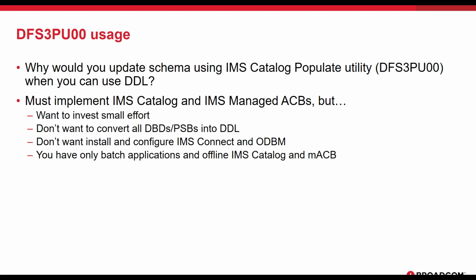The answer is that it's pretty easy to use. If you don't really want to invest a lot in certain scenarios, it could still be handy and useful just to do some one-time or even sometimes repetitive database updates in a schema.